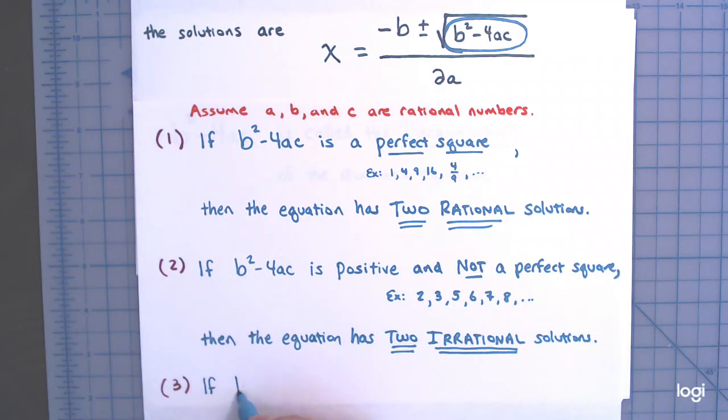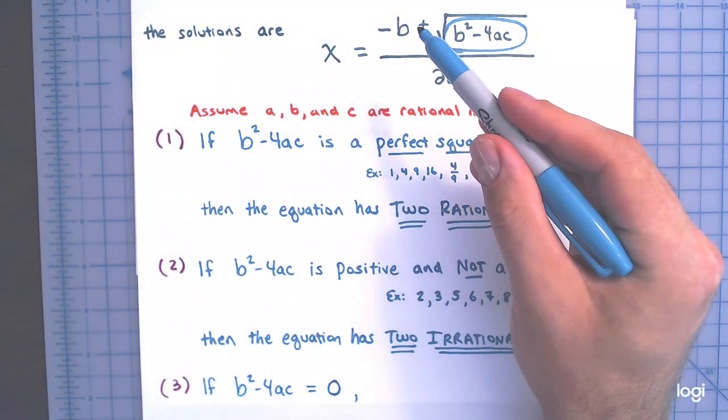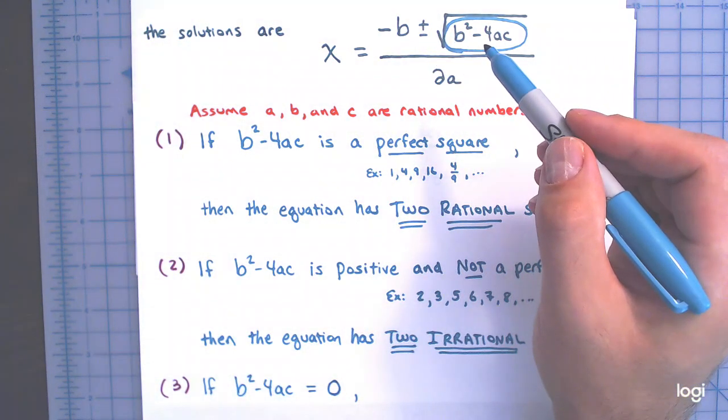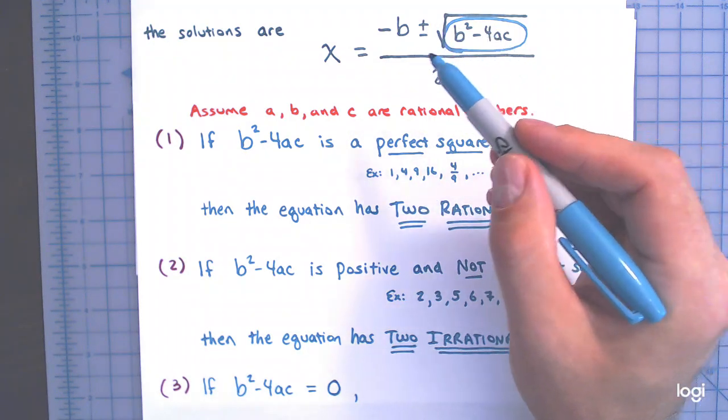If b squared minus 4ac is equal to 0, well, then look at what happens here. We'd have negative b plus the square root of 0, but the square root of 0 is just 0. So you'd have negative b plus 0 divided by 2a.